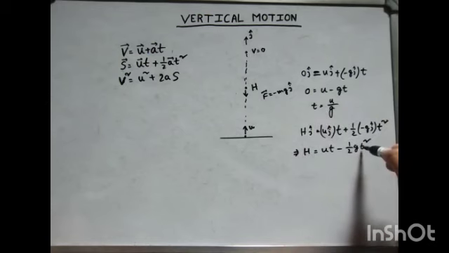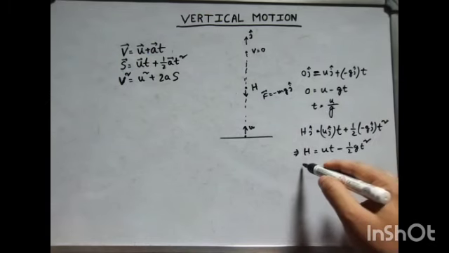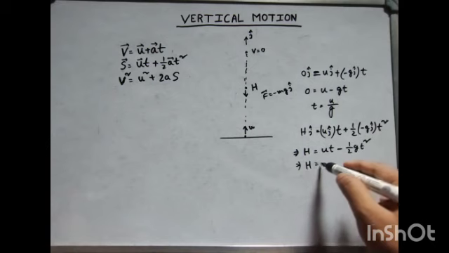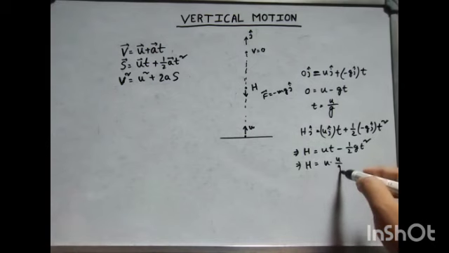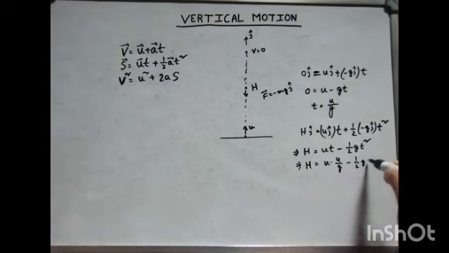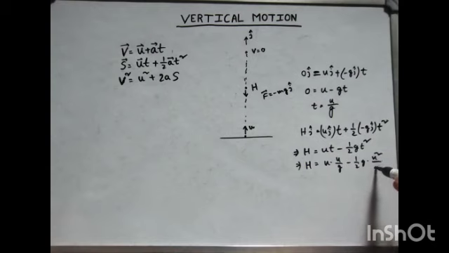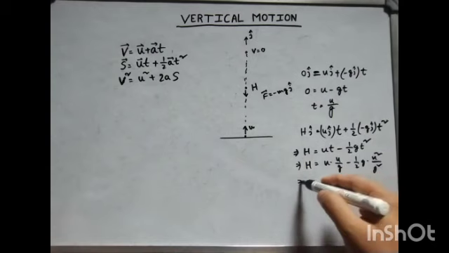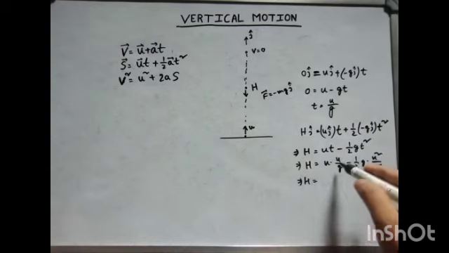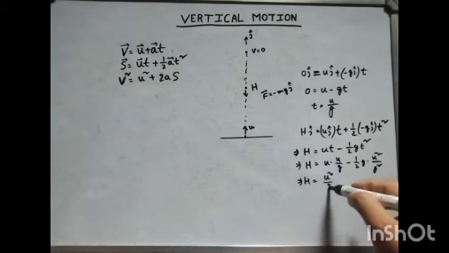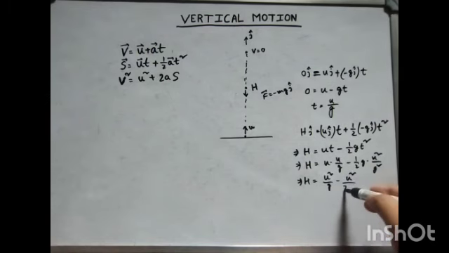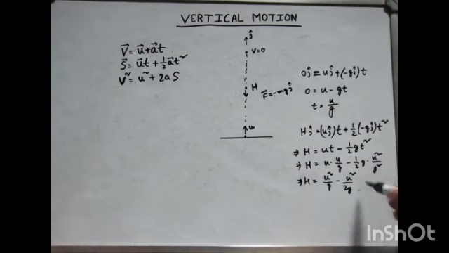So t will be equal to u by g, that means h will be equal to u into u by g minus half g into u square by g square. So this will be u square by g minus u square by 2g, sorry, it will be 2g.